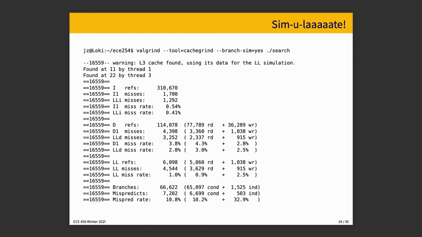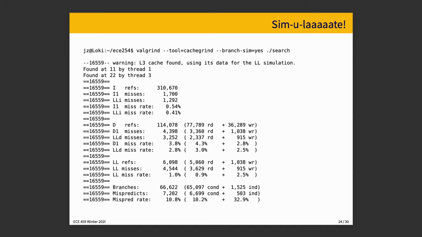So it's not entirely representative, but we can see that there were 310,670 instruction references, of which 1,700 were misses, and last-level instruction misses of 1,292, with respective miss rates of 0.54% and 0.41%. For data references, we had 114,078, of which 77,789 were reads and the rest were writes.